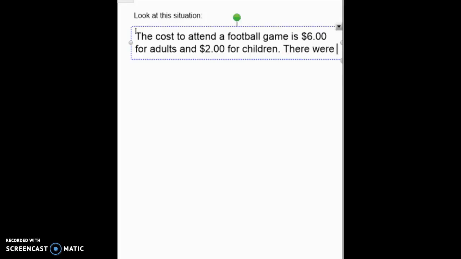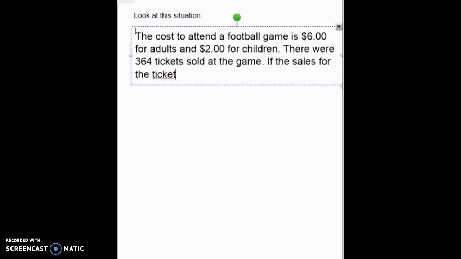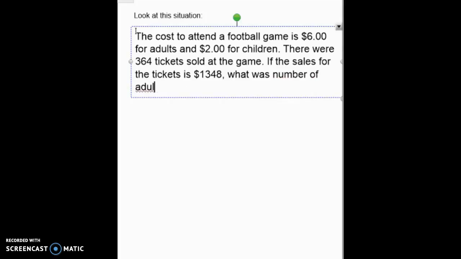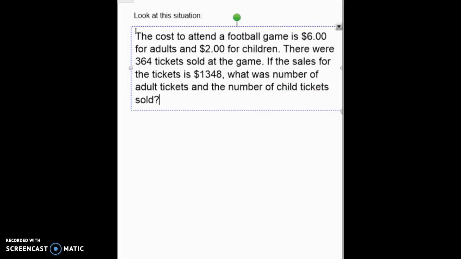There were 364 tickets sold at the game. If the sales for all of the tickets is $1,348, what was the number of adult tickets and the number of child tickets sold?